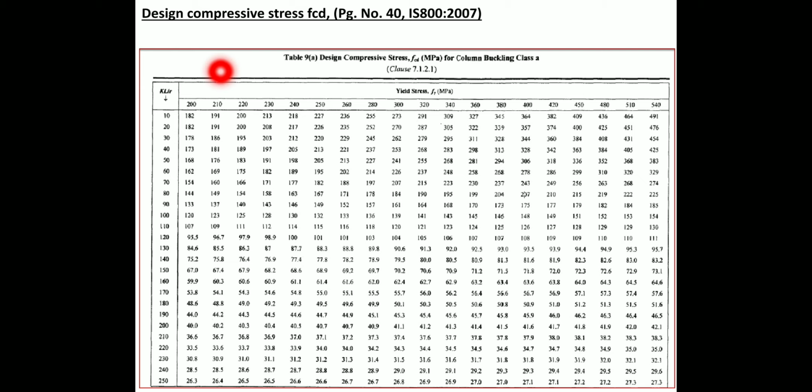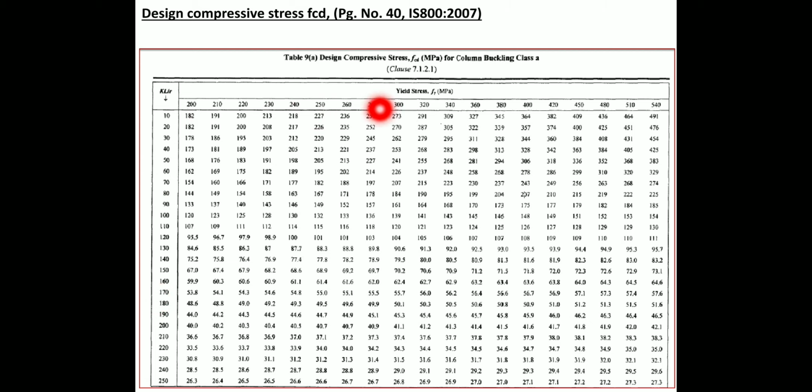These are the design compressive stress FCD values, in the table on page number 40 of IS 800:2007, Table 9A. The first column consists of KL by R, the effective slenderness ratio, which increases from top to bottom, from 10 to 250.